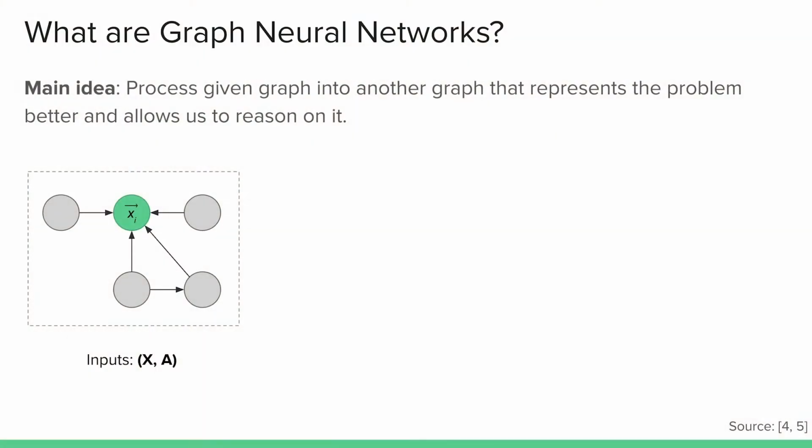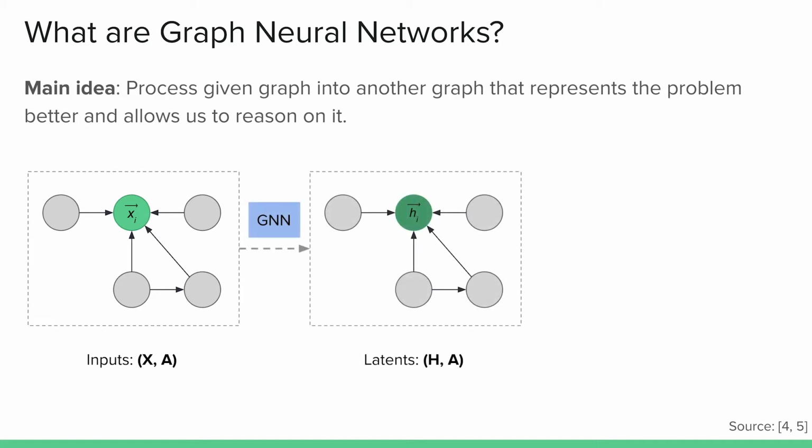So we take this input graph here that is represented by the nodes X and the adjacency matrix A. We transform this graph into another graph. This is the learning part of graph neural networks, where we have some latent representations of the nodes with more information on each node. And then we try to do something meaningful. We try to reason on this learned graph in this latent representation.